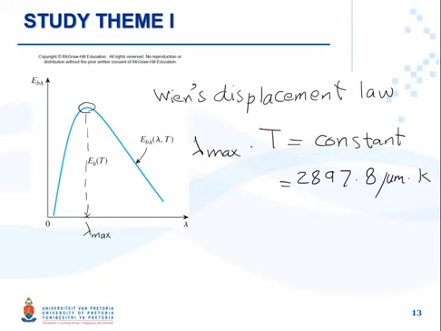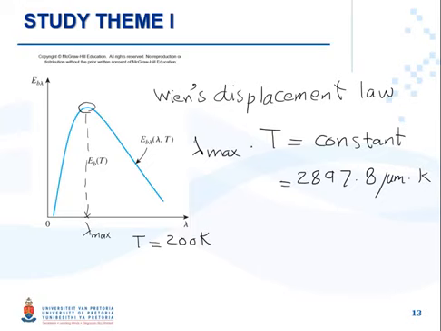It is the wavelength at which the emissive power, or spectral blackbody emissive power, is maximum for a given temperature. Just think about that. For example, let's say the temperature is 200 Kelvin, and we want to know at what wavelength the spectral blackbody emissive power is maximum.